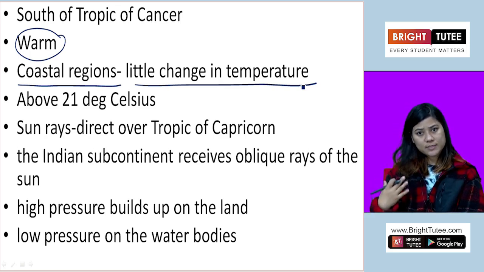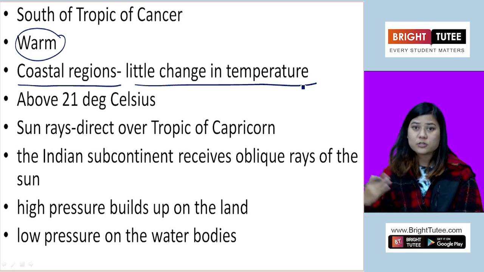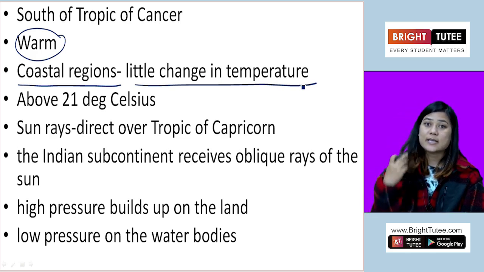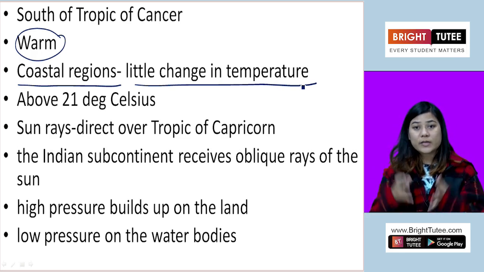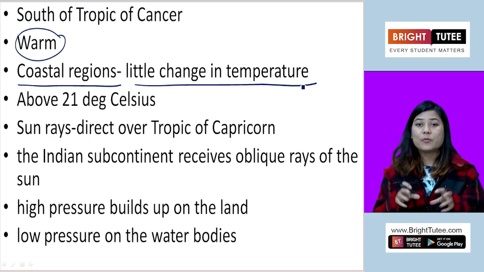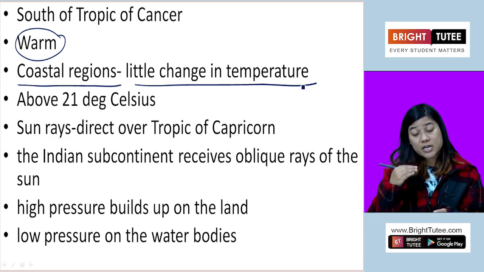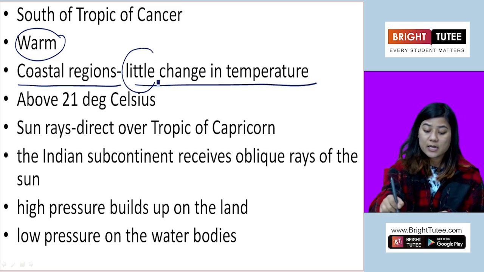But if you come towards the south, in the peninsular part of India or in the coastal regions, then it is not as cold as what we have learned just now, because of its location, because of how it is positioned and surrounded by water bodies. Here the change in temperature, even during winter, is very little.